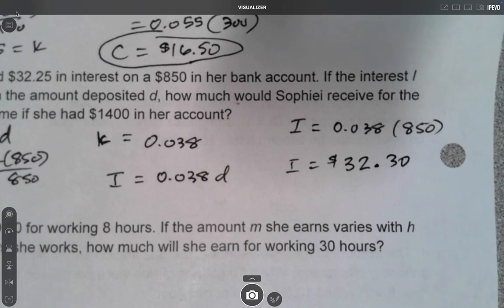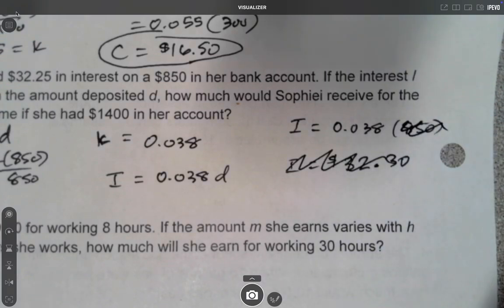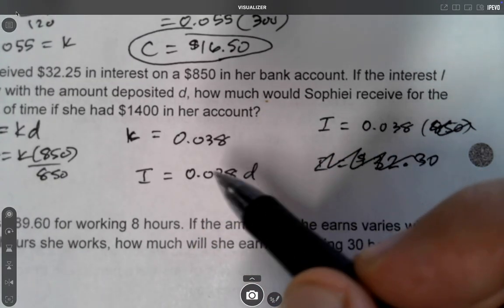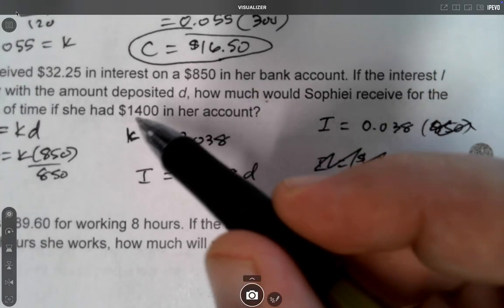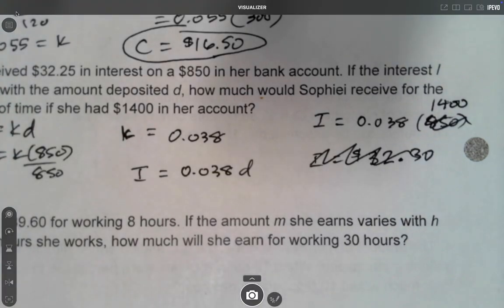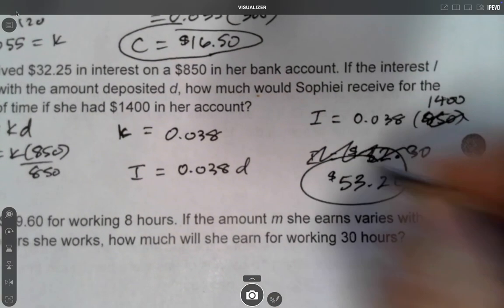Oh, sorry. I did that wrong. Let me try that again. We already did the 850. That's why that number was so close to this one. It's a little bit different just because we were rounding the interest rate. But 1400 is what I should have plugged in. I wondered why they're so similar. So 0.038 times 1400, we get $53.20. That makes more sense.